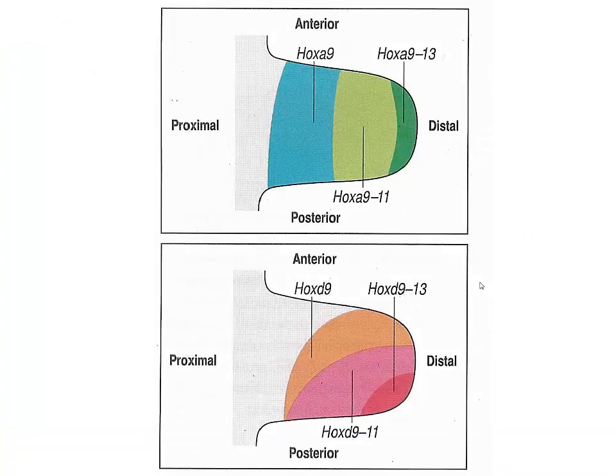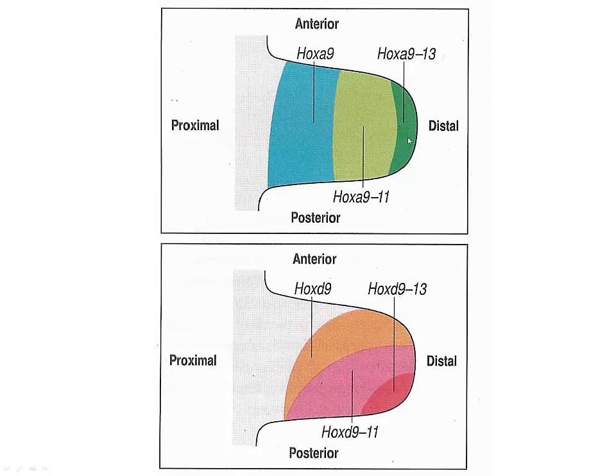But here we see a pattern of expression in the limbs, and again, A and D are expressed in both. So we see the A cluster, we see Hox A9. It is going to be expressed throughout the entirety of the limb. But once we get into the middle portion, we see that Hox 10 and 11 is added.